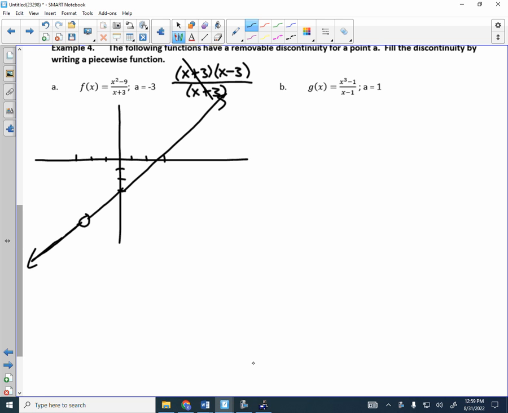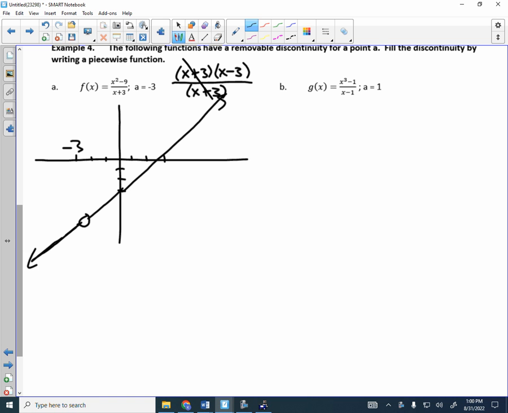So this is where the confusion happens, and I really want people to focus in and ask a question if you need to, okay? Does everybody see how I know that the graph looks like x minus 3? Okay? Does everybody see how I know that it's at -3 that I'm going to have a hole?